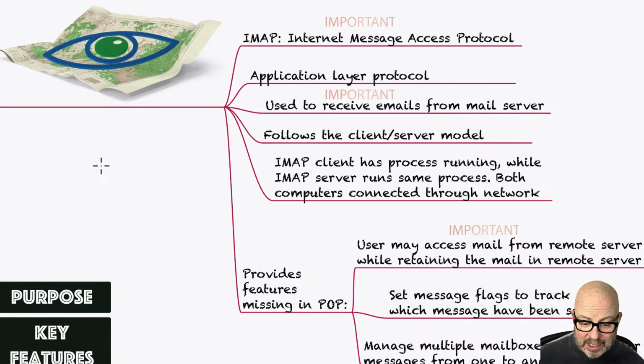You open your email client, Outlook or Hotmail or whatever you're using, and that application on your phone or on your laptop communicates with the web server, and it downloads your messages. And the protocol, the set of rules for downloading messages, is either POP or IMAP. So this is getting emails from a web server. Now you've got a choice of POP or IMAP.